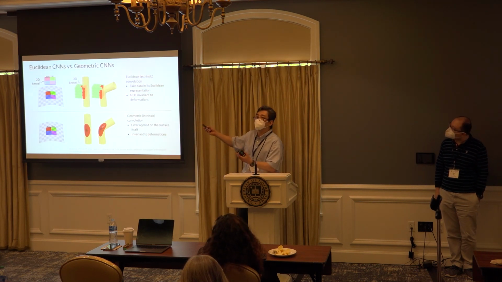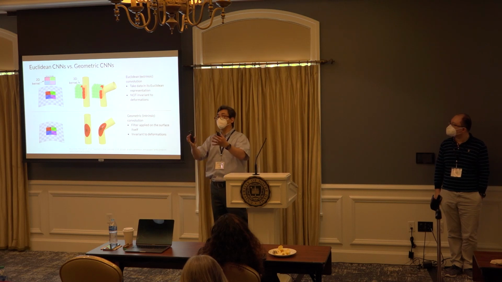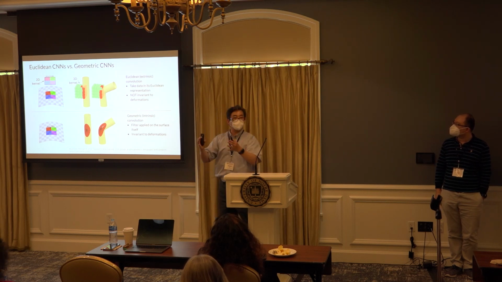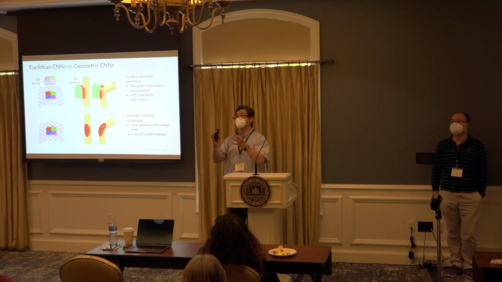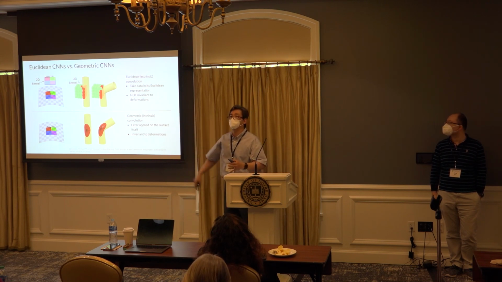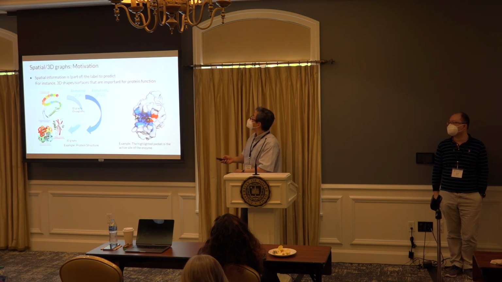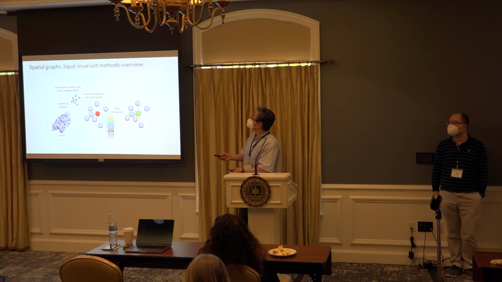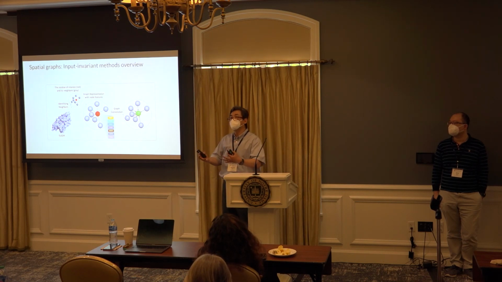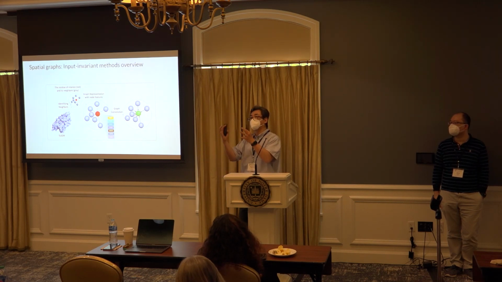You're right, you could just treat the protein structure as a 3D image and go to the 3D CNN, and there you go. That's one way to do it. The other way, of course, is to construct a graph to capture the spatial relationships between atoms or amino acids, however you want to do it, and then do the learning on the graph.